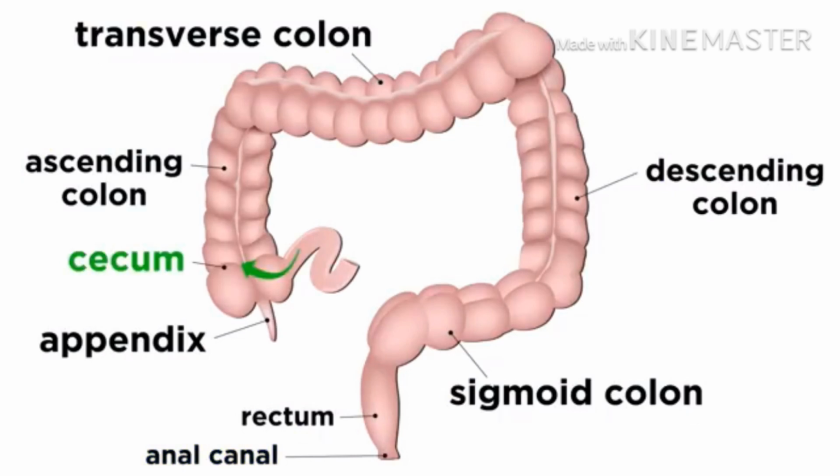The cecum is the first section when entering from the small intestine. Attached to this is the appendix, which contains lymphoid tissue.